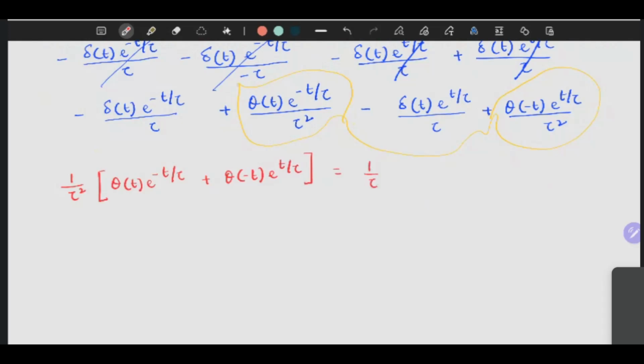That makes it 1 by tau square e to the power minus mod of t by tau.